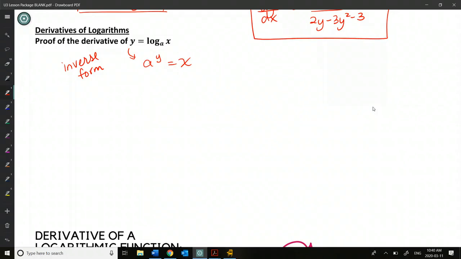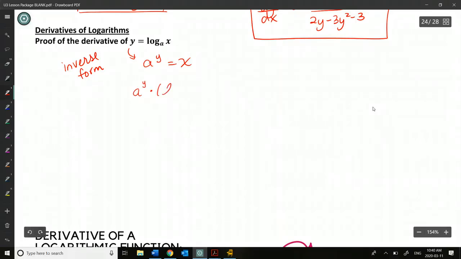All right, so you can see now why we need implicit differentiation, because I'm differentiating something where y is in the exponent in order to prove this logarithm. So if I take the derivative of any base to an exponent, what do we know about exponential functions? What's the derivative of b to the x? Okay, so we get back this piece, right?